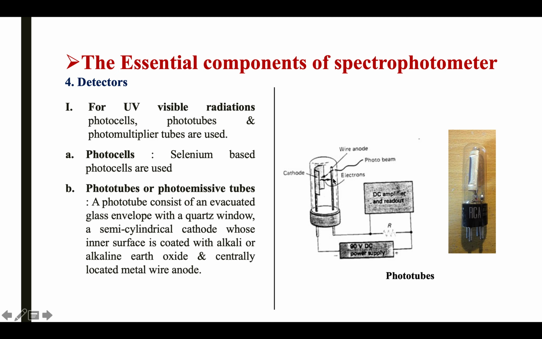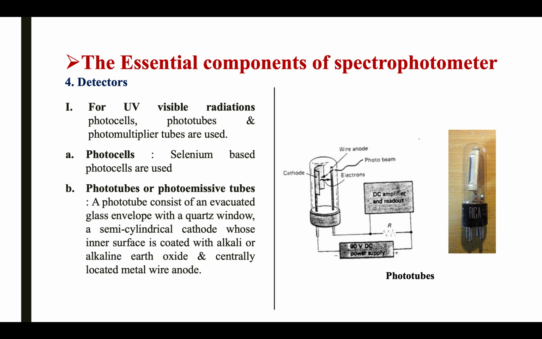The concave surface of the electrode supports a layer of photoemissive material that tends to emit electrons when it is irradiated. When a voltage is applied across the electrodes, the emitted electrons flow to the wire anode, generating a photocurrent. That is generally about 1/10 as great as that associated with a photovoltaic cell for a given radiant intensity.